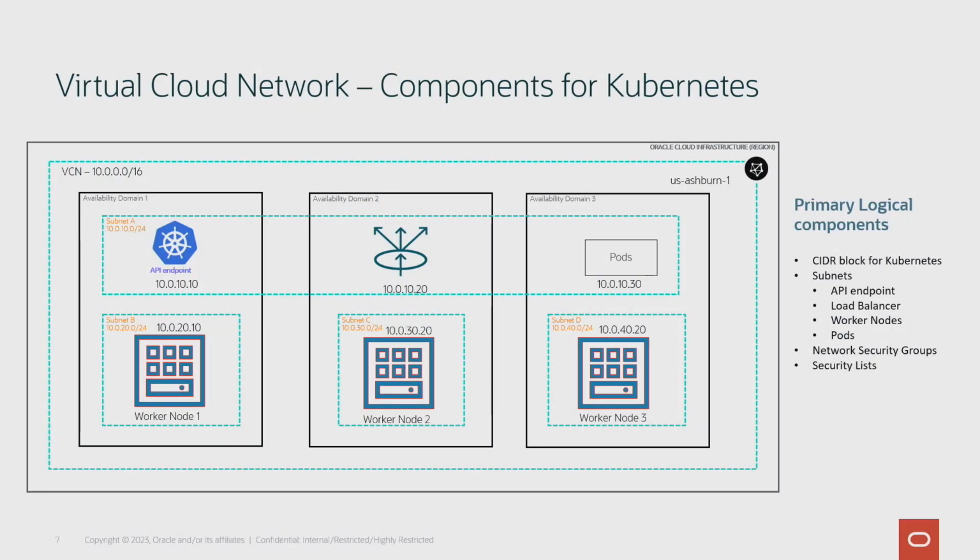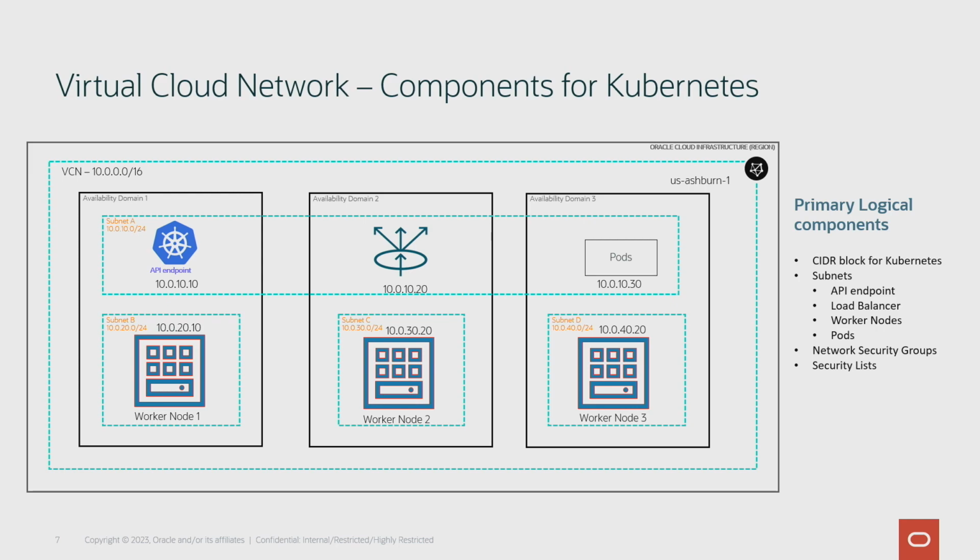Now, the first component when we think about networking is something called a VCN, or what we call a Virtual Cloud Network in OCI, right? Think of a VCN as a logical network, your virtual private data center on which you can control whatever you want. You can configure networking, and you can configure your own IP address CIDR block.